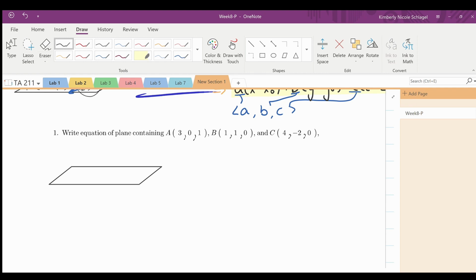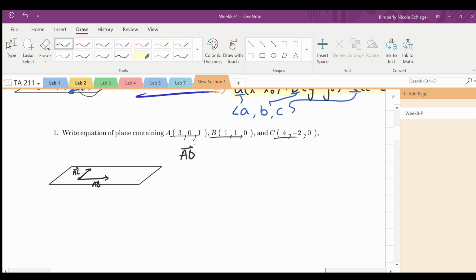As we've done before, we want to figure out vectors using these points. I'm going to choose to make this vector AB here and this vector AC here. So we want to find 2 vectors in our plane.